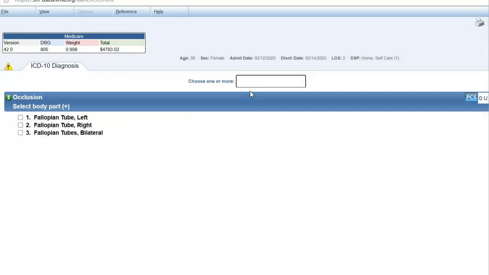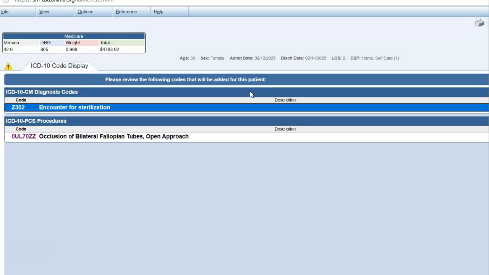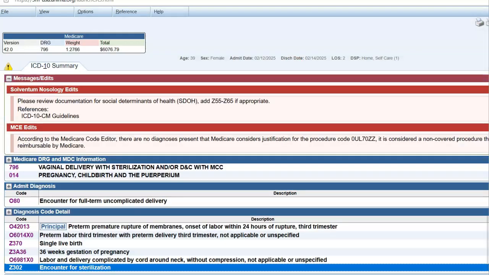And it was bilateral, right? It was both the right and the left fallopian tube, number 3. It was open because we made that incision. Okay, so we have our diagnosis for the sterilization, showing the medical necessity of why it was done, and then the actual procedure for it being done. Now I'm going to hit continue.